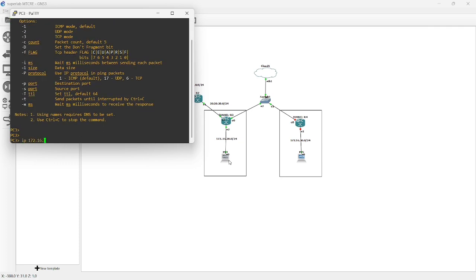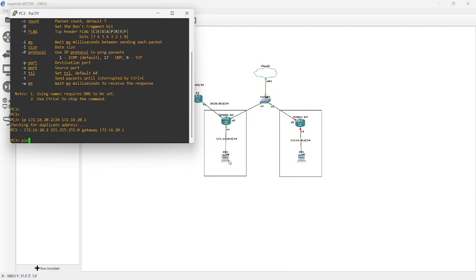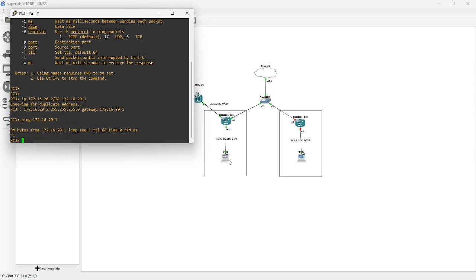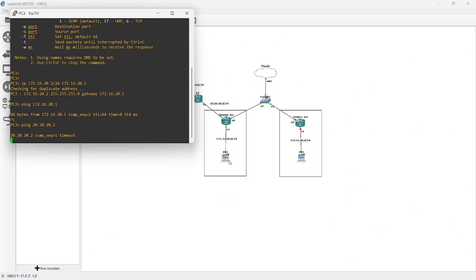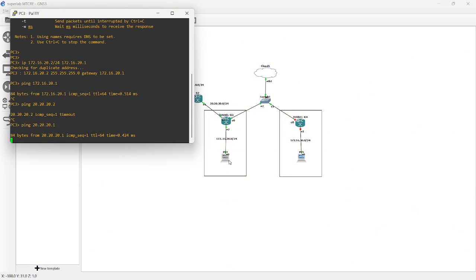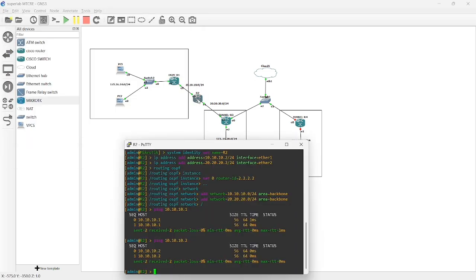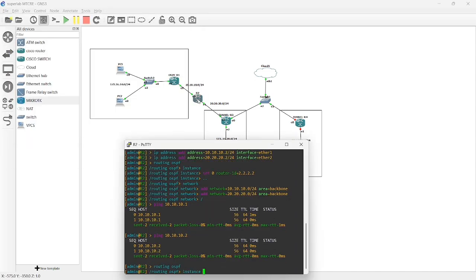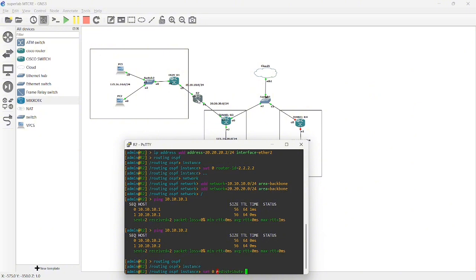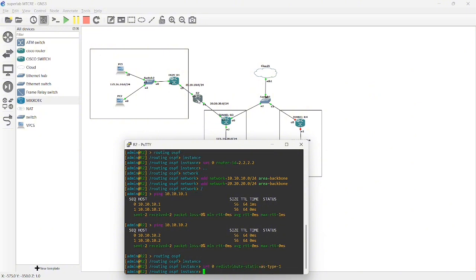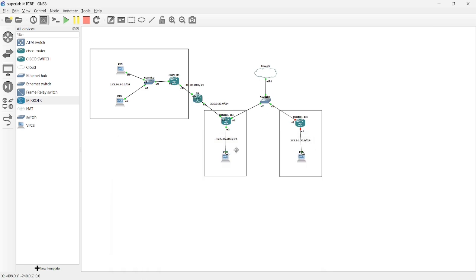Again, I check the IP for the ping. Okay, timeout, because my configuration is not good. I want to solve this.